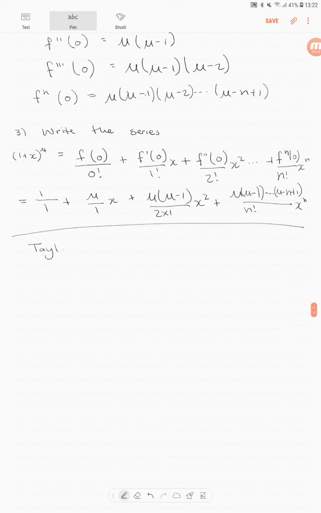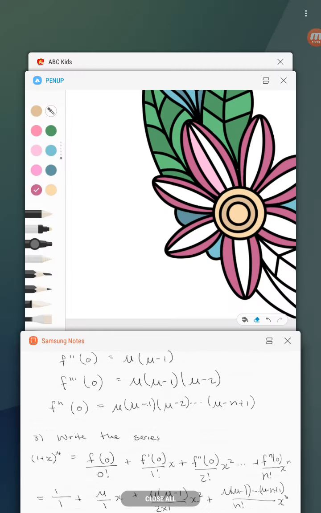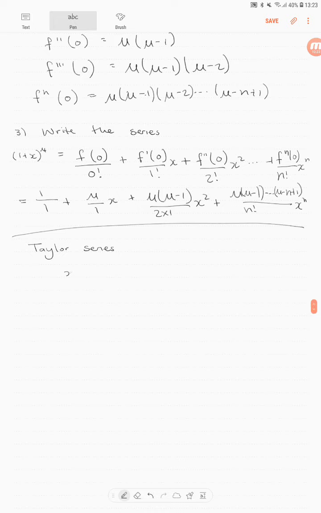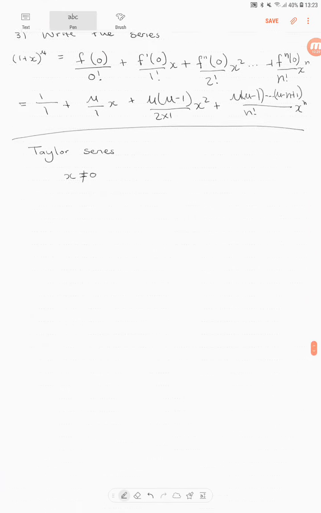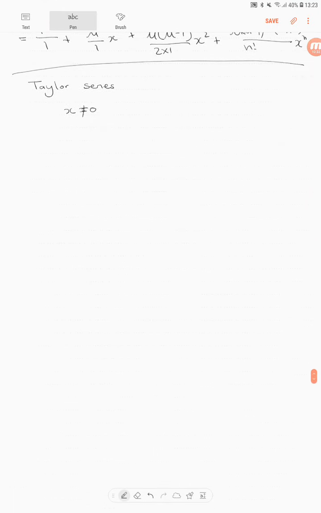For our Taylor series, we've said that this is not necessarily around x equal to 0. So in the textbook it explains the Taylor series, but I found a different way of writing the Taylor series.